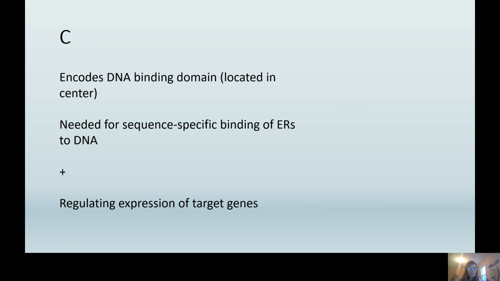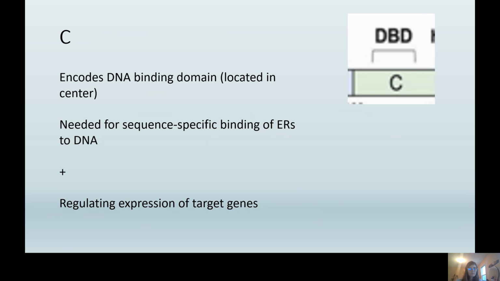For the C domain, this encodes DNA binding, which is located in the center. This is needed for the sequence-specific binding of estrogen receptors to DNA. The DBD is the DNA binding domain, and it also consists of the regulation of expression of target genes.